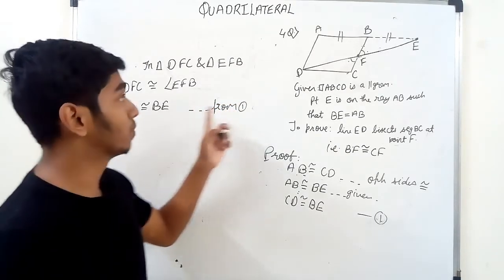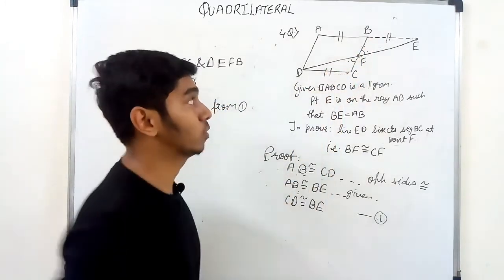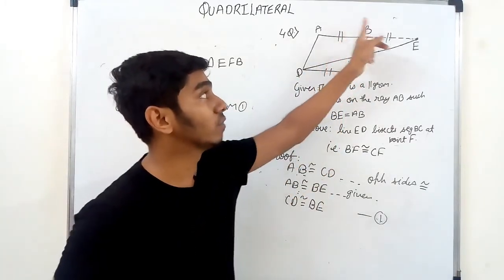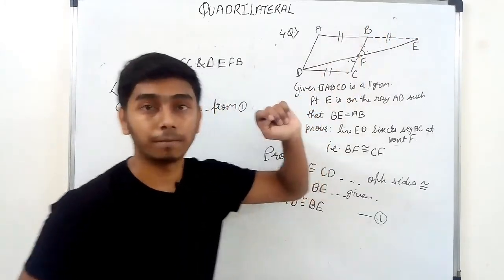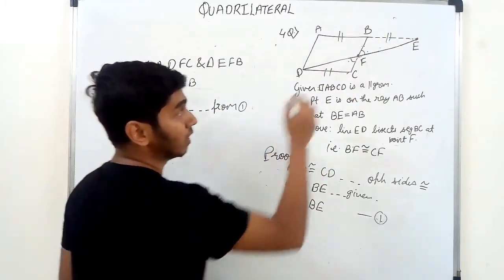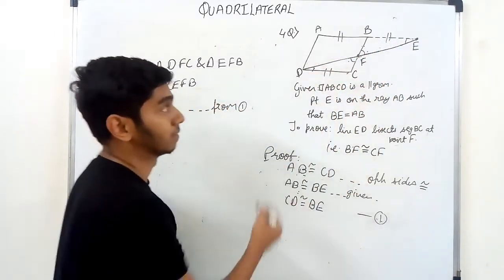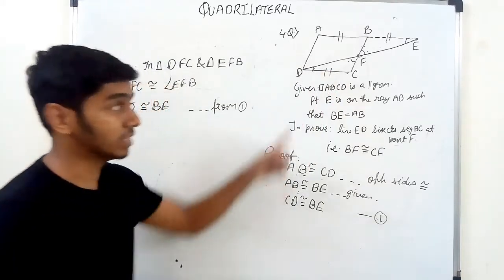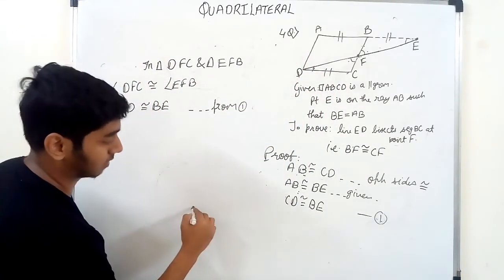Okay, so what we have got is this and this to be congruent. So actually if you see, these two are congruent, therefore these two are also given as congruent, therefore this and this will be congruent. Okay, so I hope you have understood. Now can we say this angle and this angle? If you see, it is forming something like this.